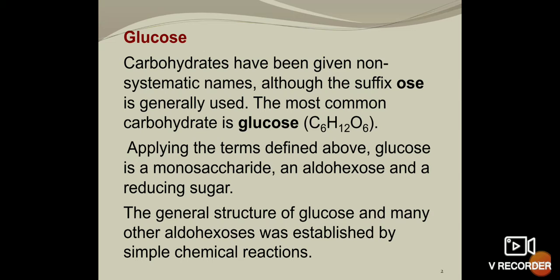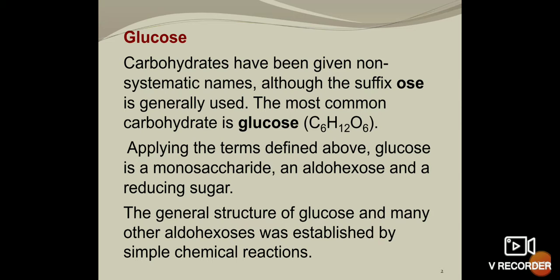Now glucose, as we all know, has the suffix "ose", and the most common carbohydrate with the molecular formula C6H12O6. Applying the terms defined above, glucose is a monosaccharide, an aldohexose, and a reducing sugar.